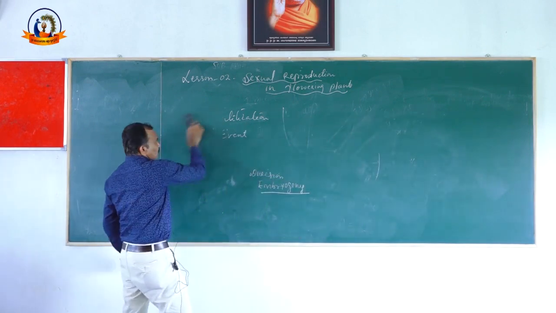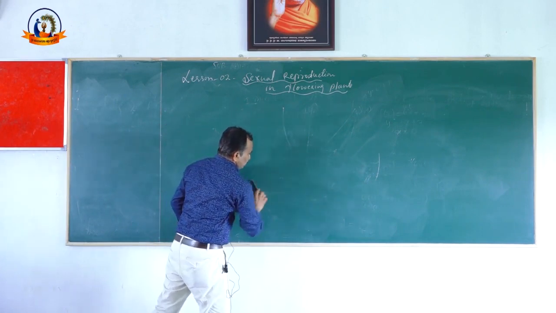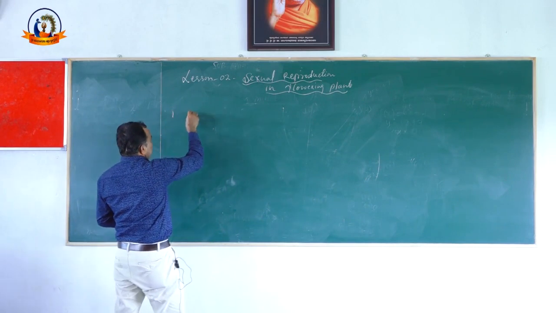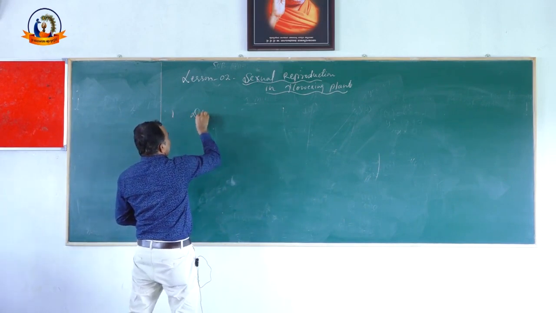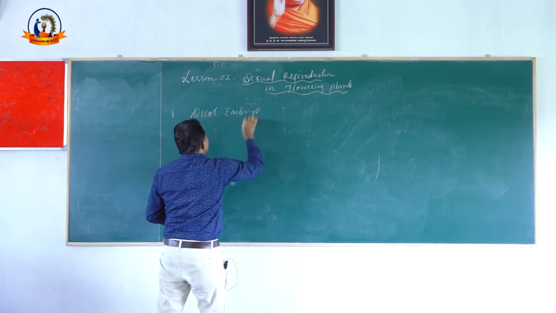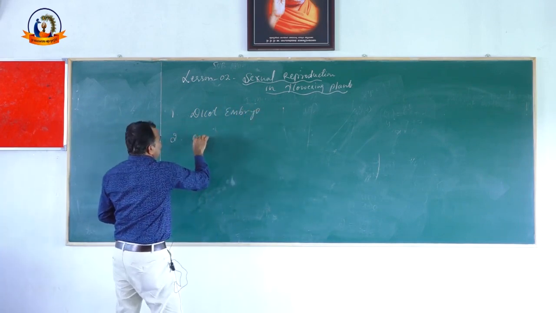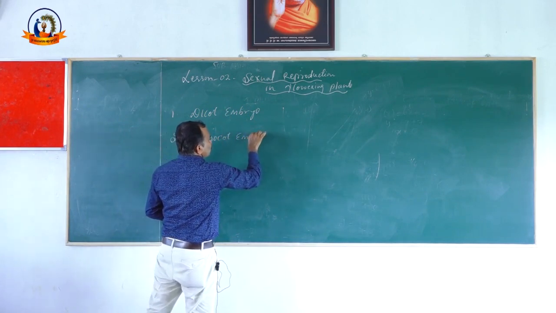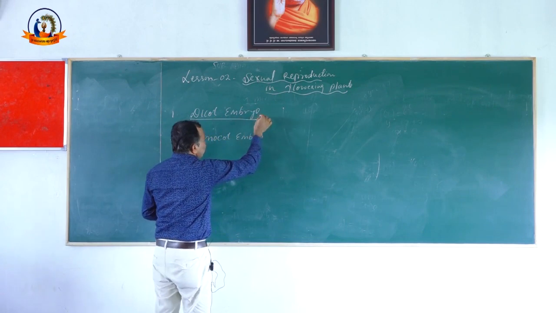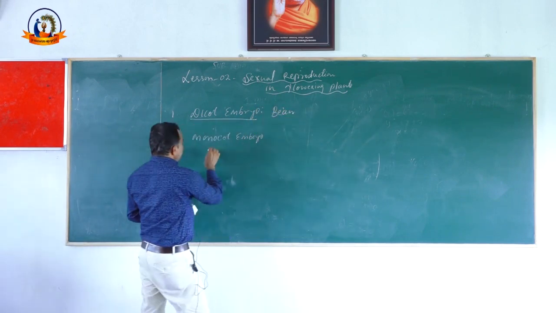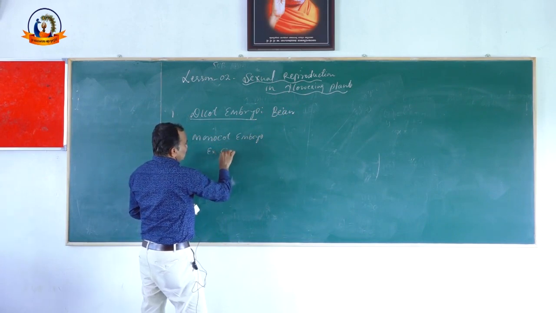There are two types of embryo. First type is the dicot embryo, and the second one is monocot embryo. Dicot embryo, example is bean. Monocot embryo, example is grass.